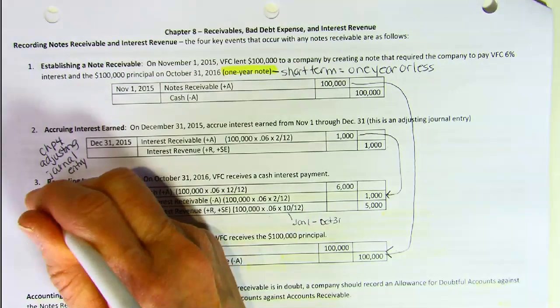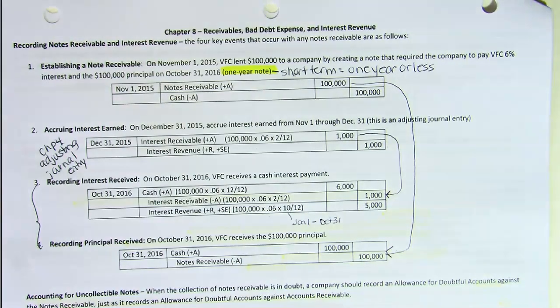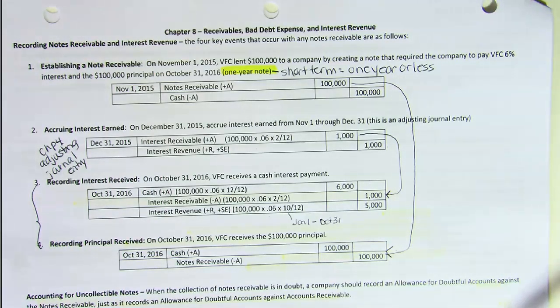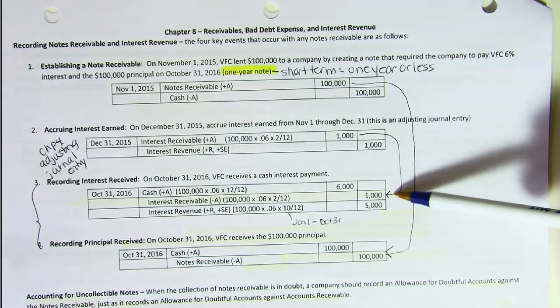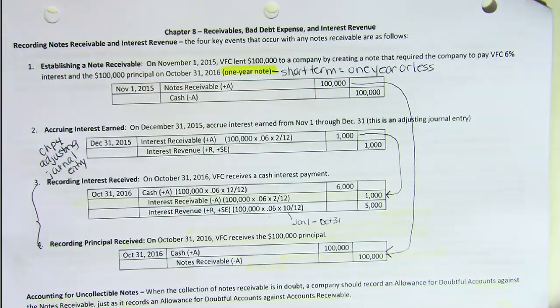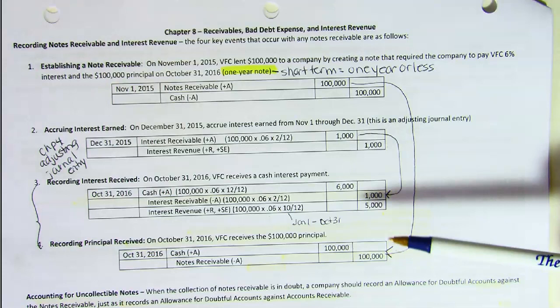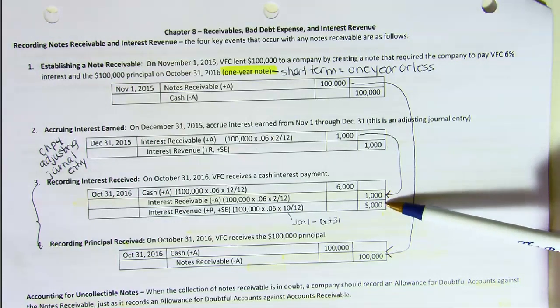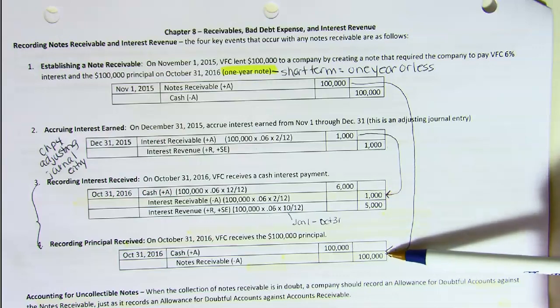In reality, they're going to give you one big check for both the interest and principal, a check for $106,000. So this entry can be combined into one: one big debit to cash for $106,000 and three separate credits: a credit to interest receivable, a credit to interest revenue, and a credit to notes receivable.